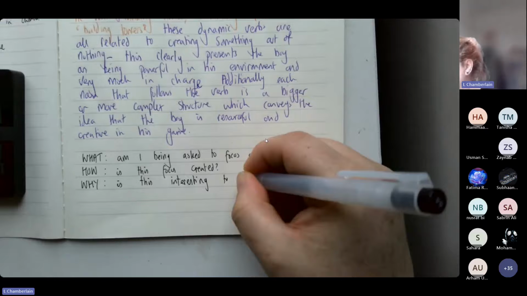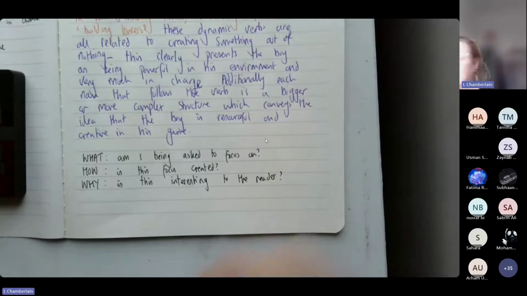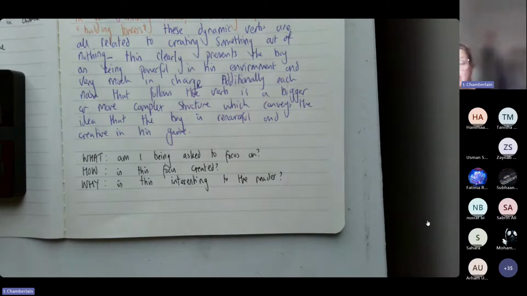And again, just like with the language analysis question, if you keep these three questions in your head, it's going to help you form a much better, a much more solid response, okay? And ultimately, that's what we're aiming for. Really concise, really solid, really clear ideas.